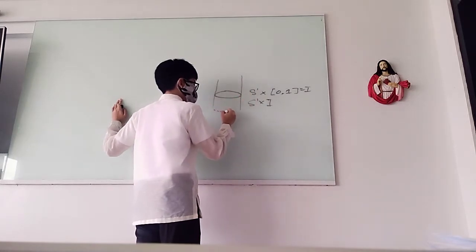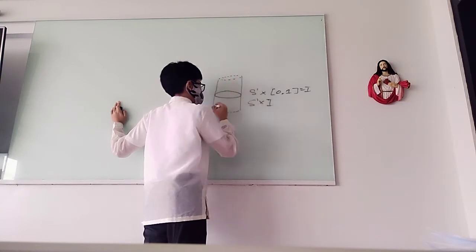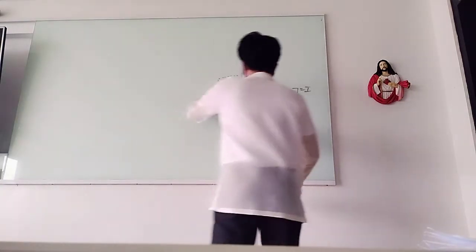So we have essentially a cylinder. Okay, so we have a cylinder. This is S1 cross I.